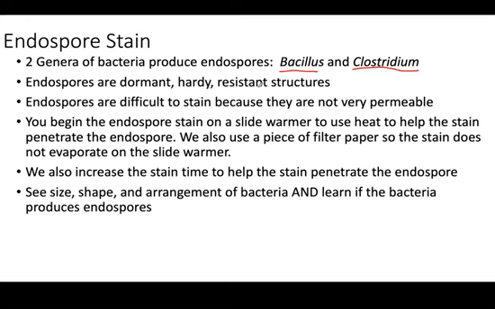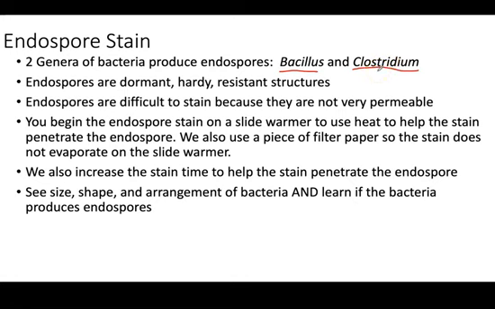And an additional reason the endospore stain is important is these two genera, Bacillus and Clostridium, are known to cause disease. So the disease anthrax is caused by a bacterium within this genus, and there's a variety of diseases, including botulism and tetanus, that are caused by this bacteria.